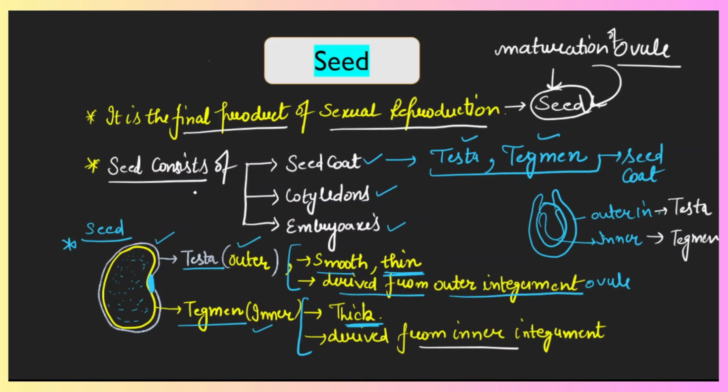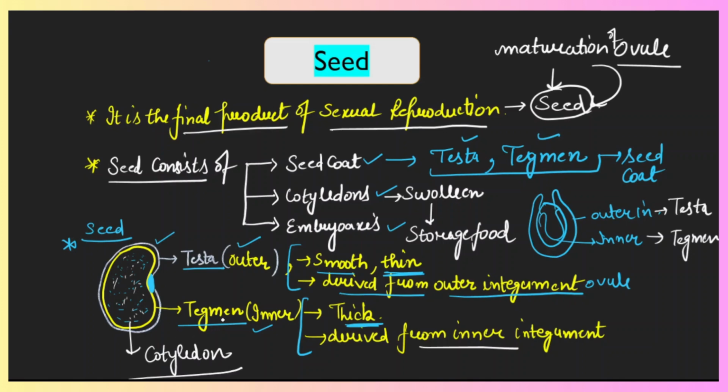The second part of the seed is the cotyledon. We know that the cotyledon is the swollen structure. What is the function of cotyledon? It helps in the storage of food. If we see this diagram, the innermost swollen part is called the cotyledon.